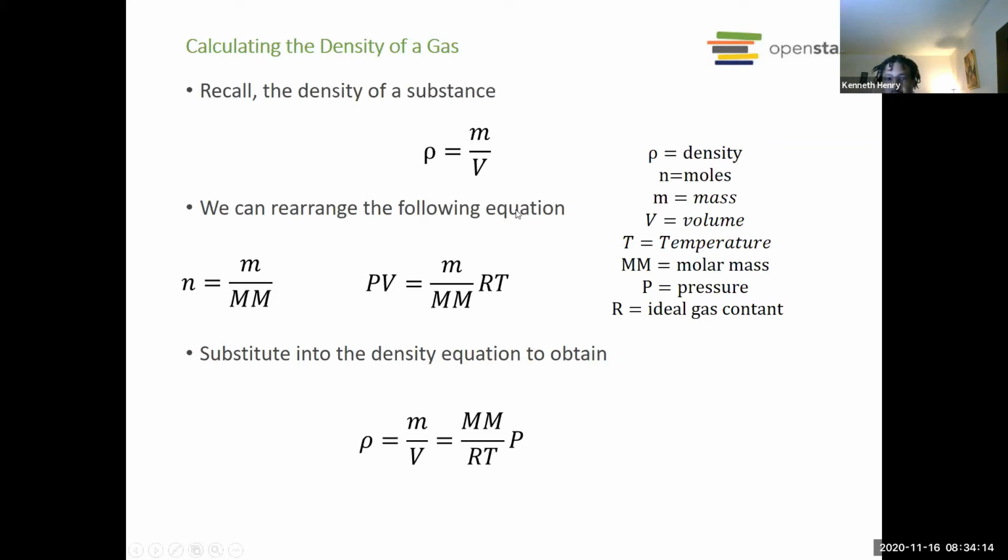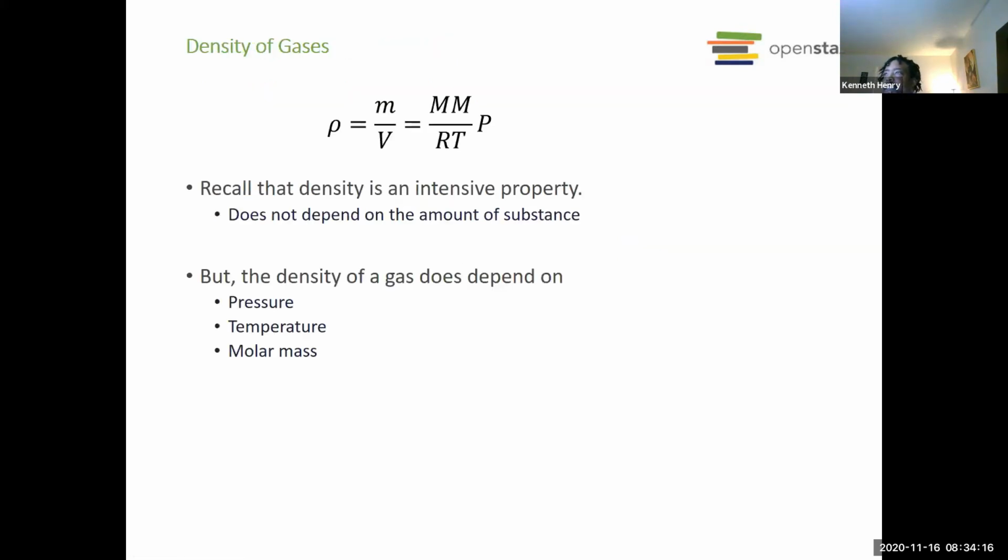So let's go back to our equation here. Is there a way that I can calculate molar volume? We know molar mass, but can we calculate molar volume? What is the definition of molar mass? What are the units for molar mass?